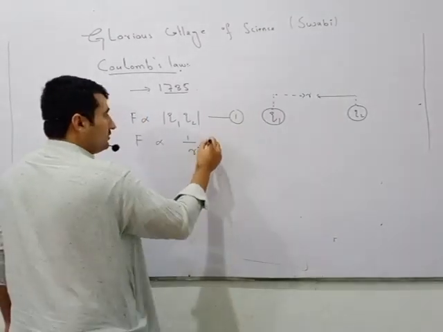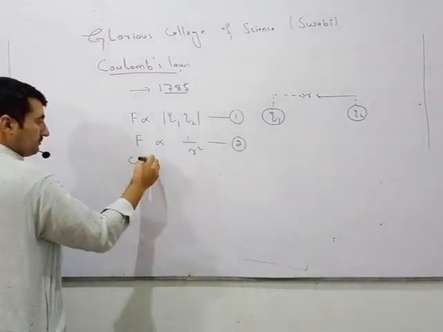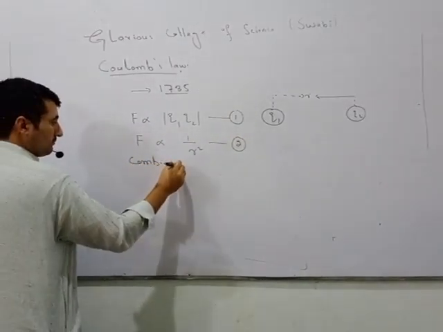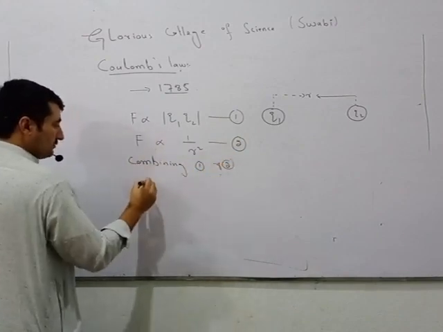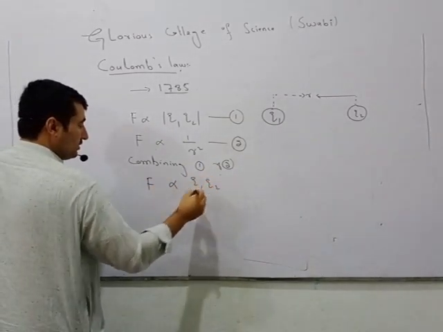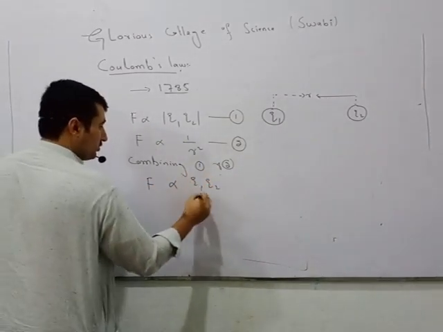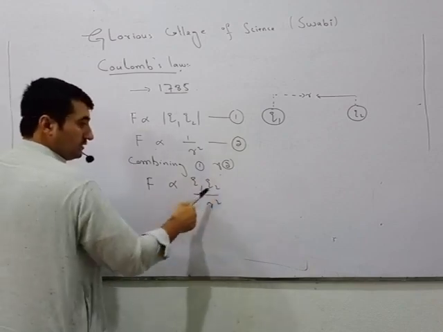If you combine these two equations, combining equation 1 and 2, we get the magnitude of force directly proportional to Q1 Q2, the product of magnitude of charges, and inverse square with the distance.